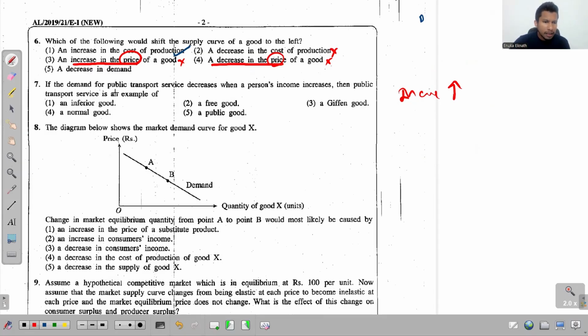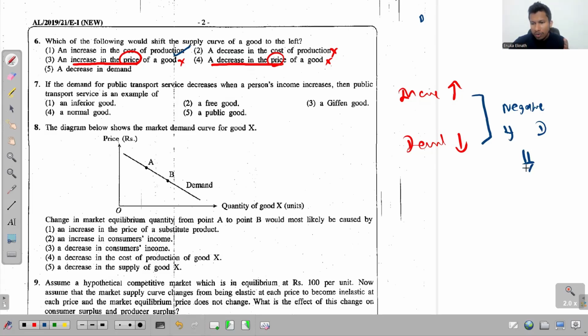And then the demand for public transport decreases. So if you look at the two variables, they change in opposite directions. When one increases, the other one decreases. So we can recognize that there is a negative relationship between consumers' income, Y, and the demand.